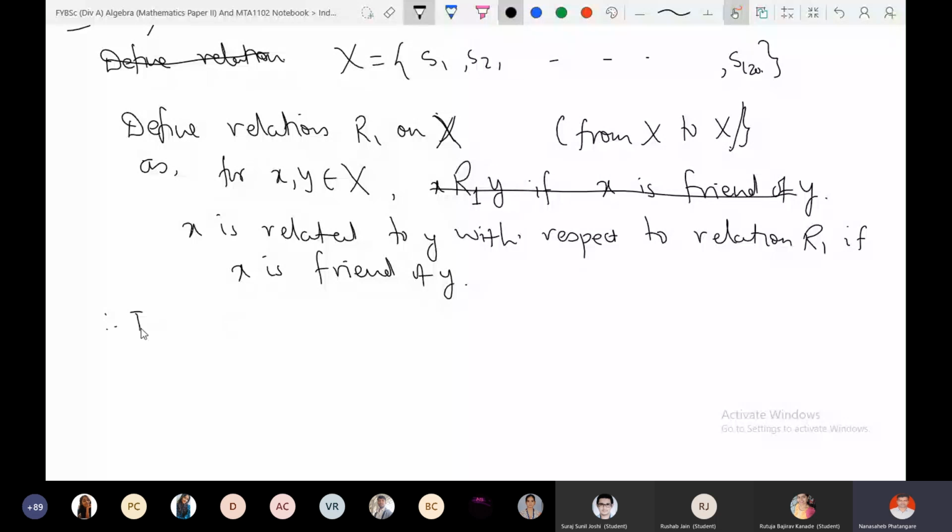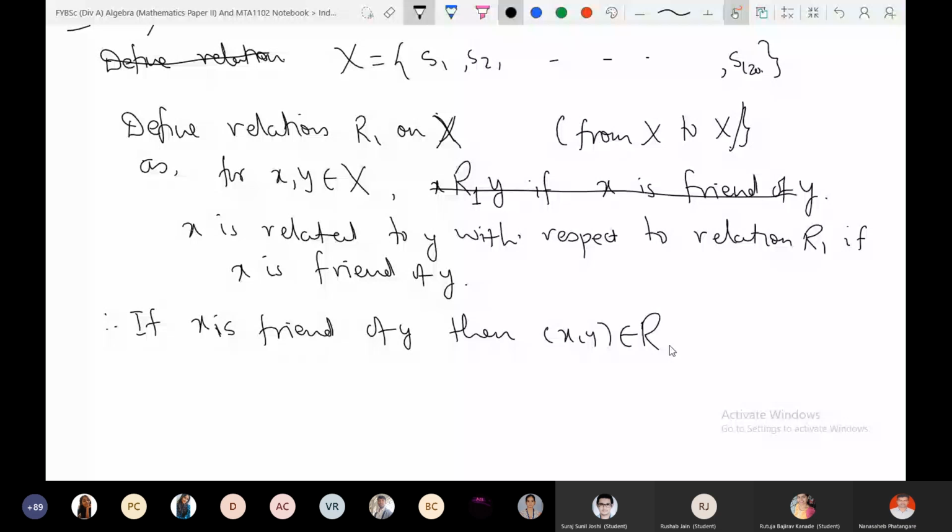Therefore, if X is friend of Y, then what I can say is that the pair XY is in R1.